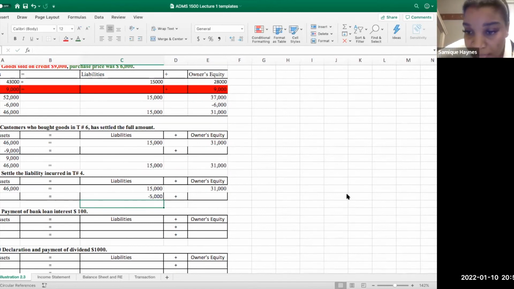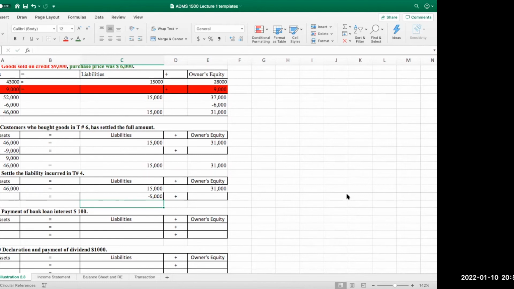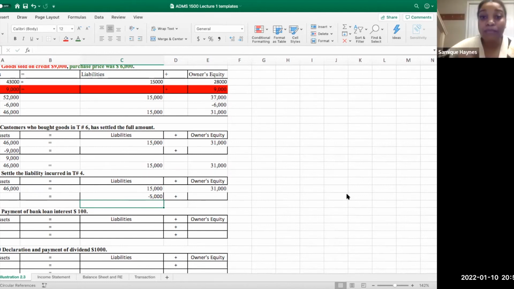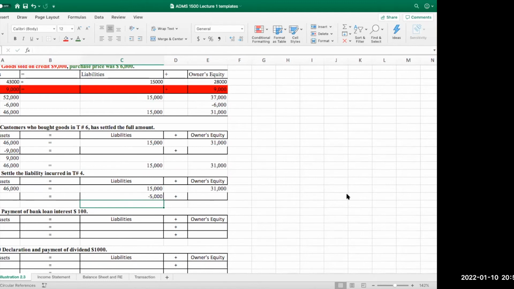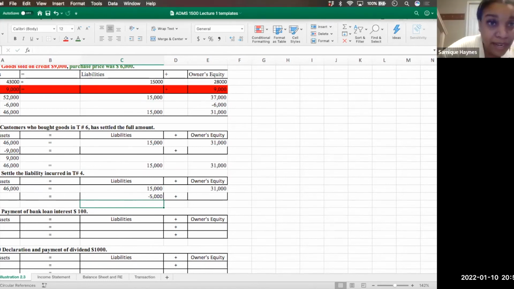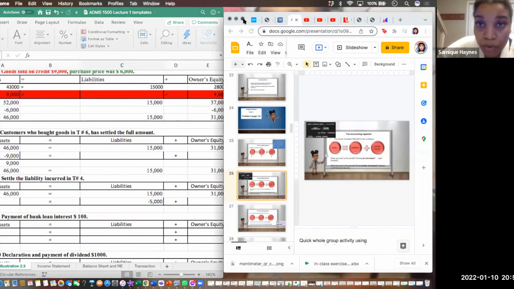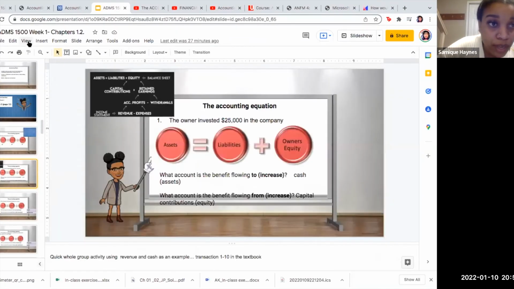And now what else happens? Because we are paying them, owner's equity also goes down. So if we pay out cash, it affects our owner's equity. Okay, let's go back to the diagram again. The more we see this diagram, the better for us. Look at this diagram here.